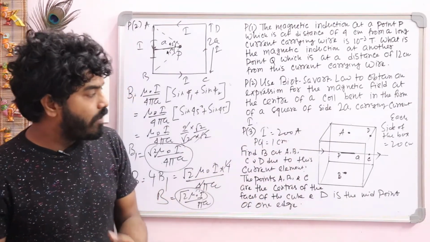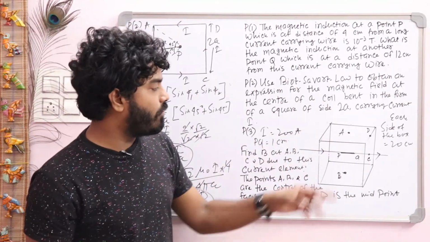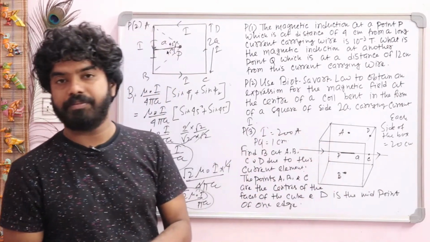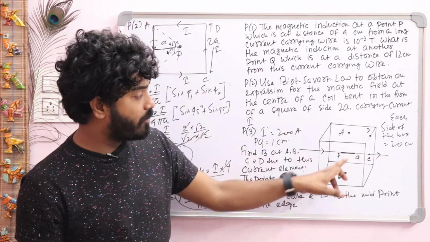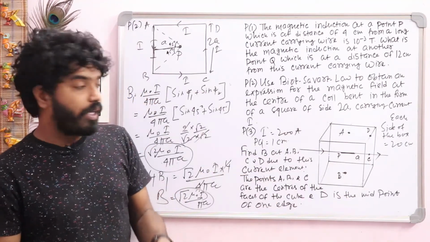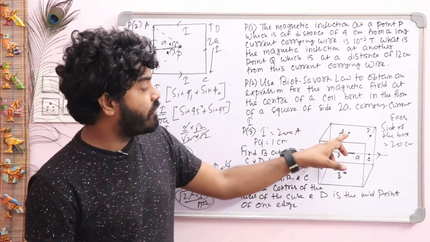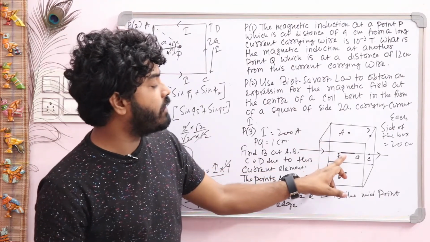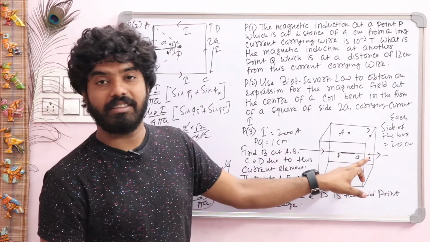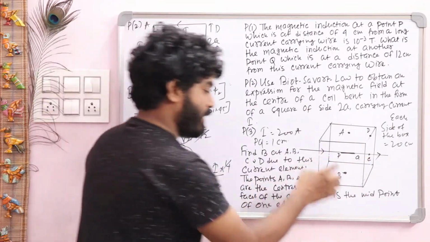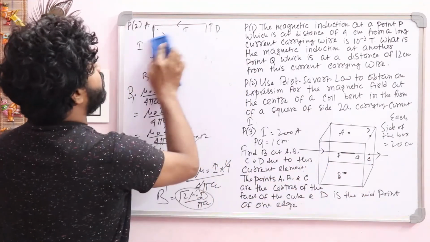Okay, so at first find out the magnetic field at points A and B. Okay, before going to that part, at first you find out the magnetic field for this current element PQ at point C. Find it, very important, students.